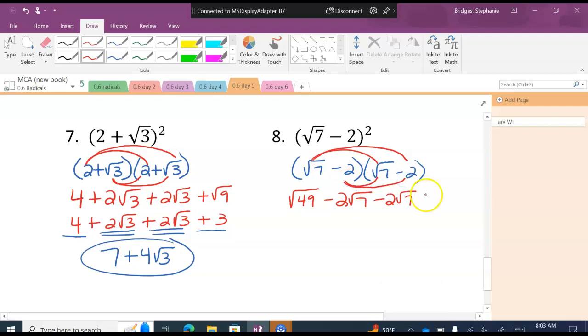And then the last two, negative 2 times negative 2 is a positive 4. What is the square root of 49? 7. And then I can combine my like terms. What's 7 plus 4? 11. And then negative 2 square roots of 7 and negative 2 square roots of 7 gives me a negative 4 square roots of 7. Anything else I can do? Nope.